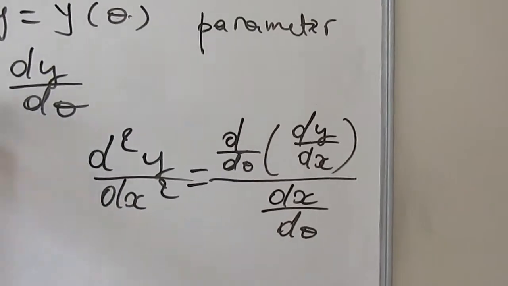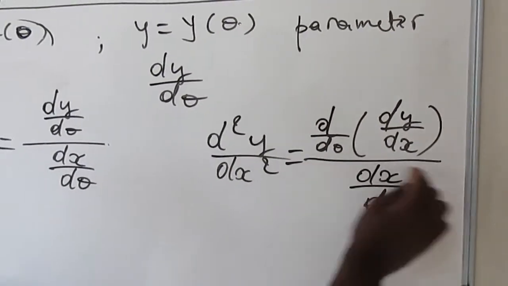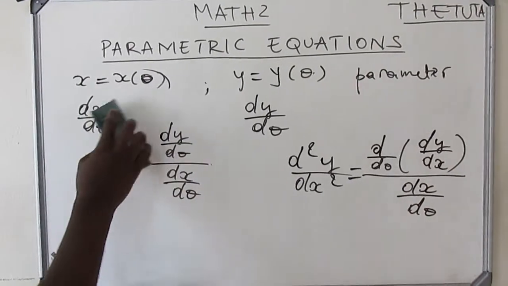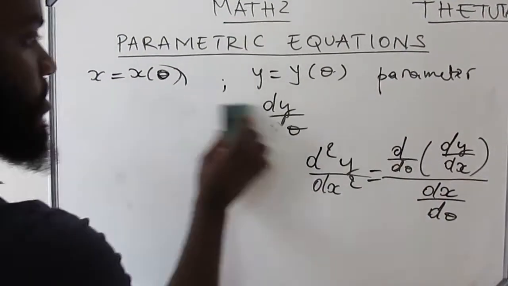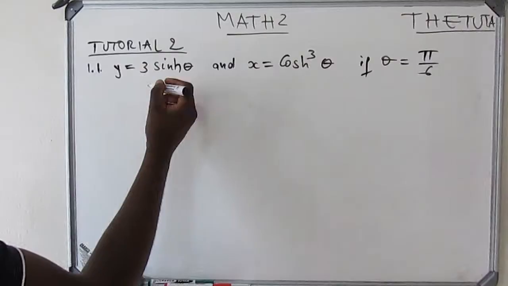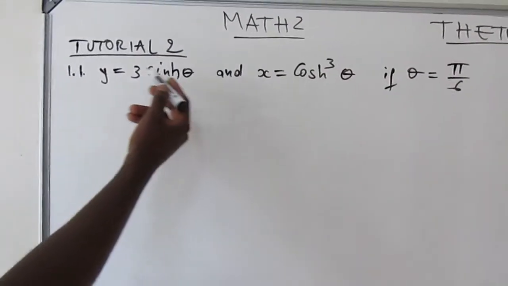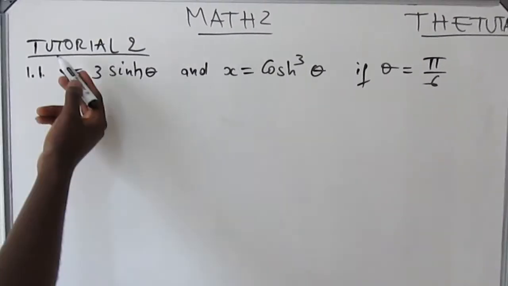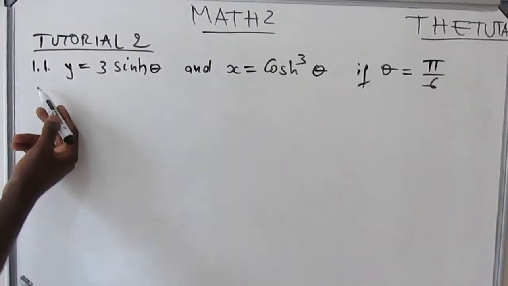So it means that you derive this, then after that you say over dx over d theta. So everything will be easy after doing some exercises on this one. So guys, as I said, we are going to illustrate all those formulas by an example. This is from your tutorial 2, example 1.1.